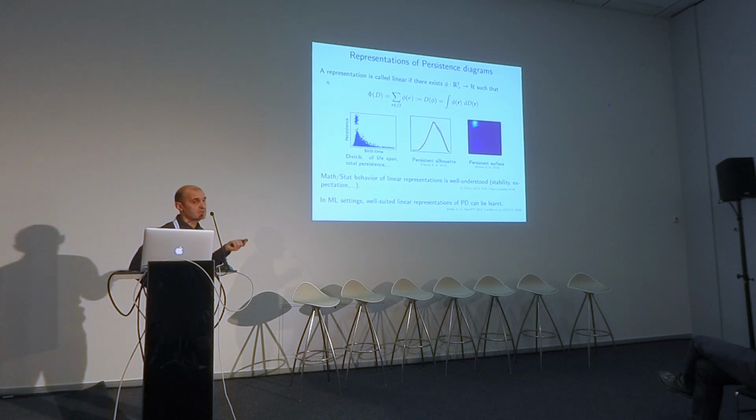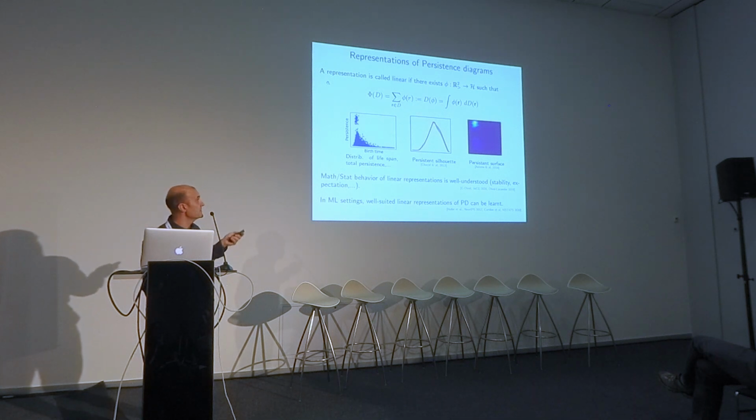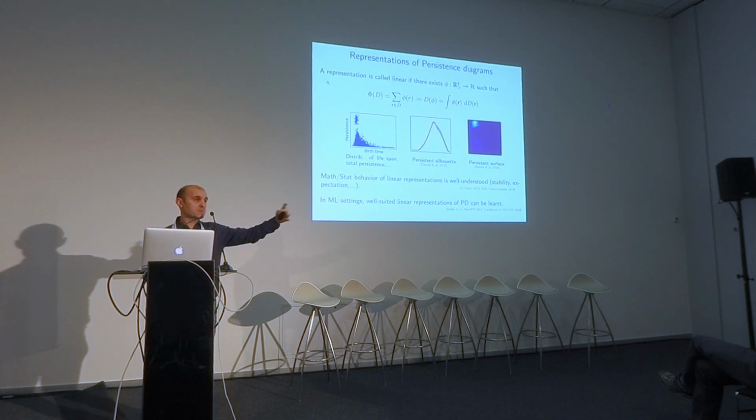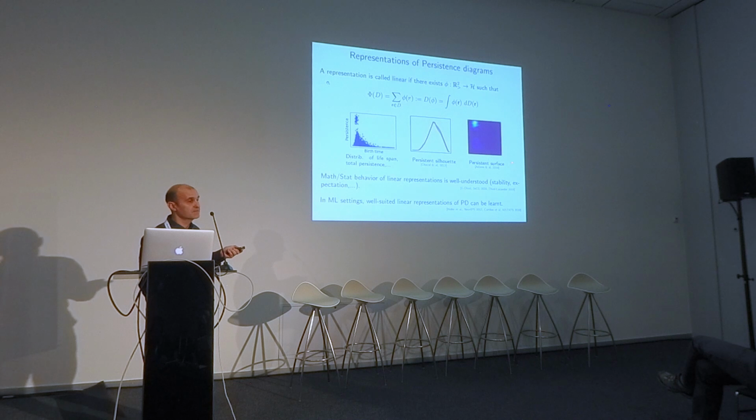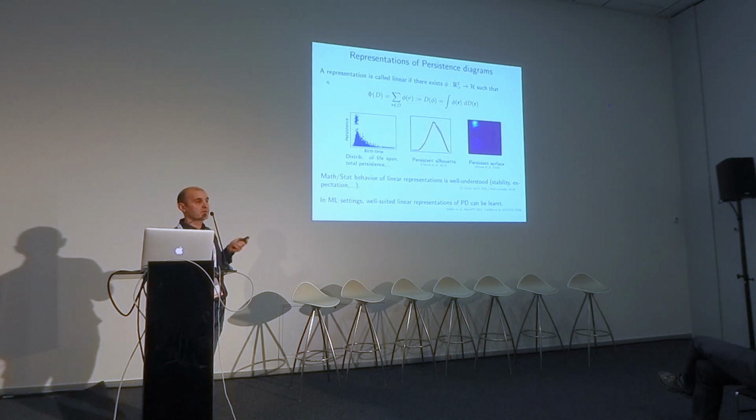If you are given a function phi from the plane, or from the part of the plane above the diagonal, to some Hilbert space or to some Banach space, then as you see your diagram as a measure, you can integrate this function against your measure, which is just taking the sum over all the points of the diagram of your function phi, okay? And choosing different functions phi will give you different representations or ways to vectorize the diagram.